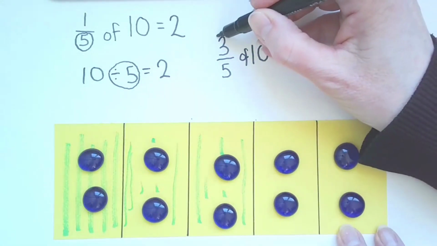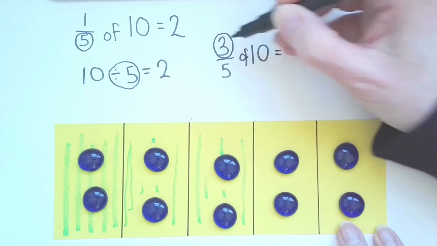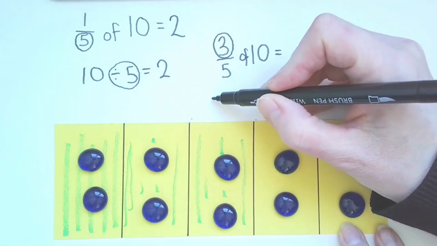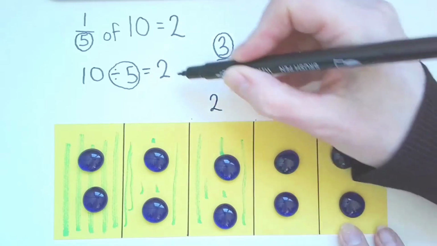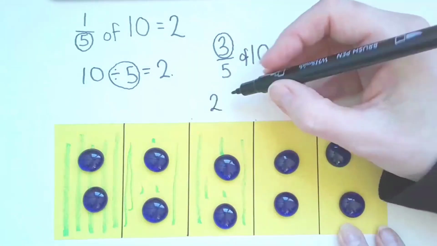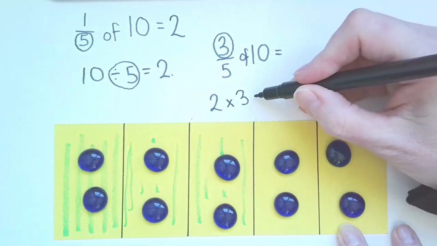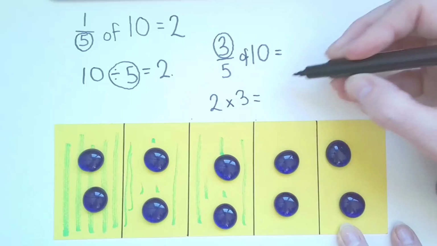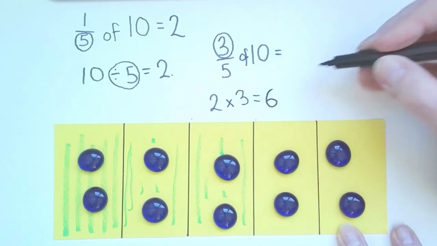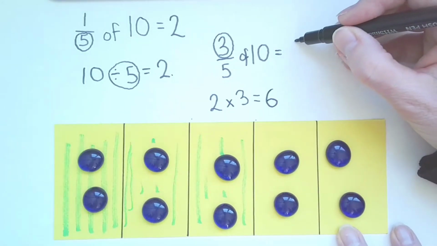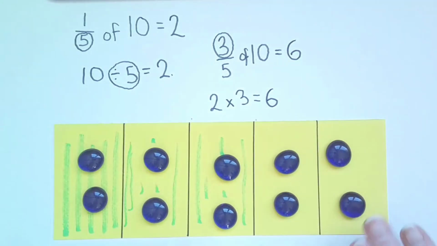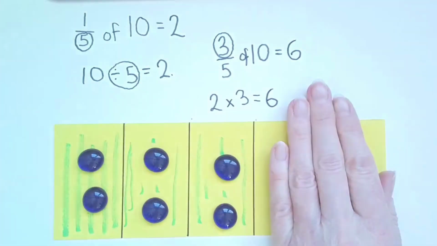But now I don't just want 1/5, I need 3/5. So I know there are 2 in each part. I need to multiply that by 3. And so 3/5 of 10 would be 6. We can see that. There are my 3/5 of the whole one. And we can see there are 6 counters, 3 lots of 2.